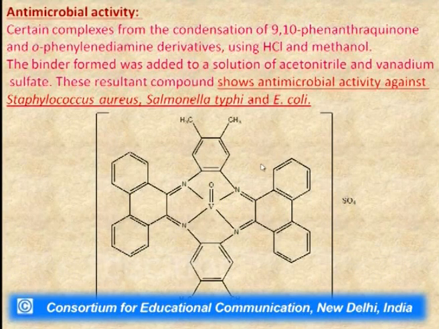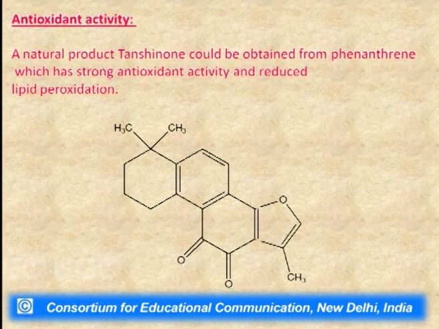Here are the two anthraquinone parts, which on reaction with vanadium sulfate form this complex, which is a sulfate. It is a binder, this vanadium and acetonitrile solution, which binds these two moieties together using this ligand and forms this product, which shows antimicrobial activity.